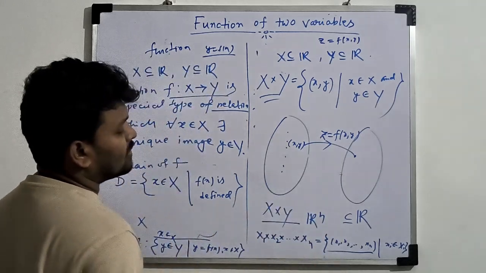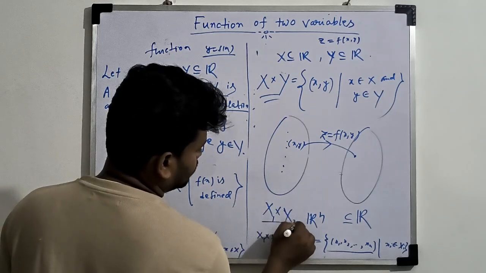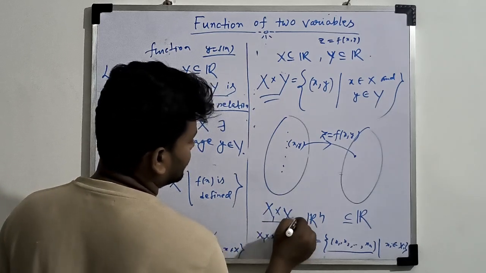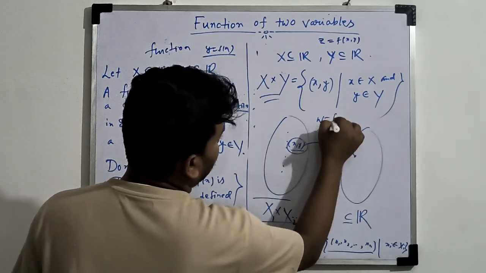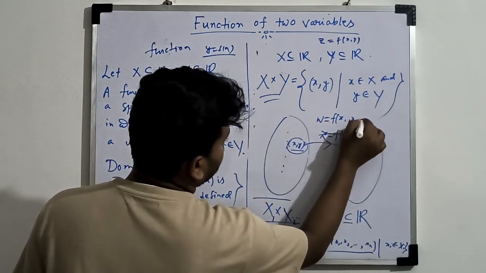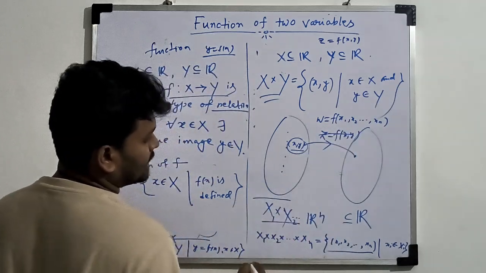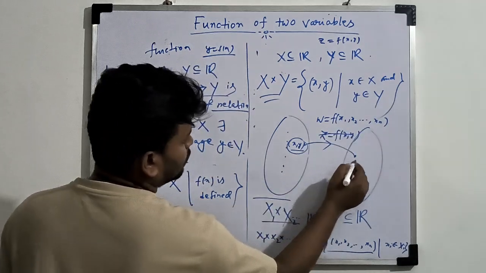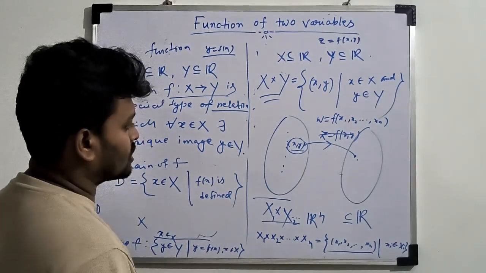So we can define the function of several variables. We can connect this to a function f(x1, x2, ..., xn), where each small xi belongs to capital Xi, and each corresponds to a unique value. Then it will be a function of several variables.